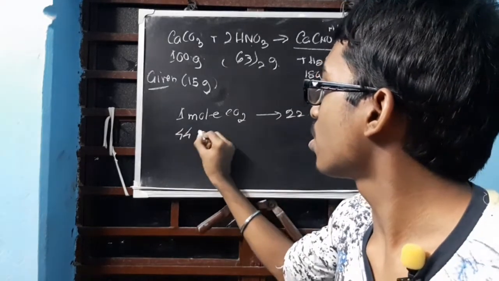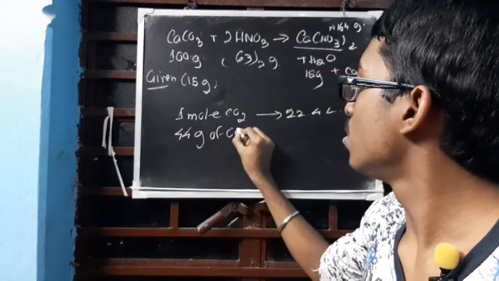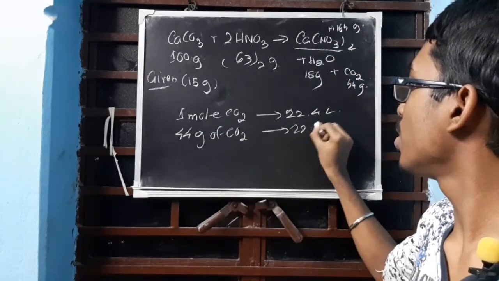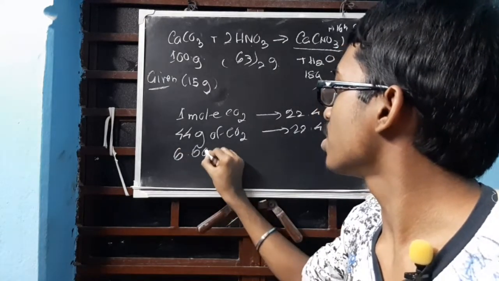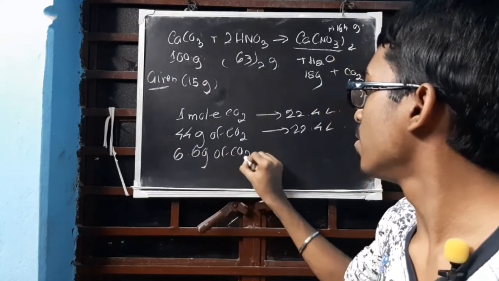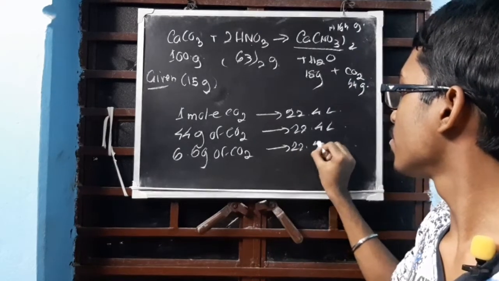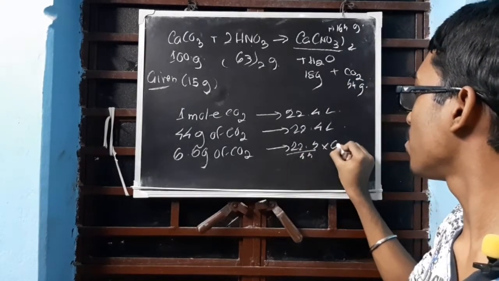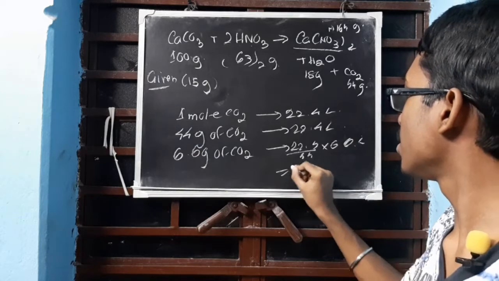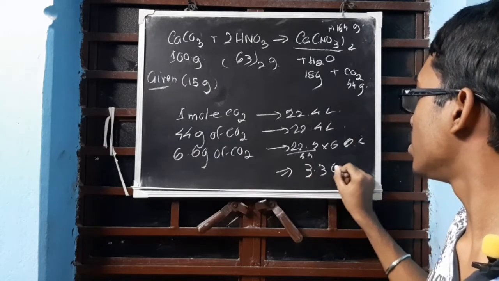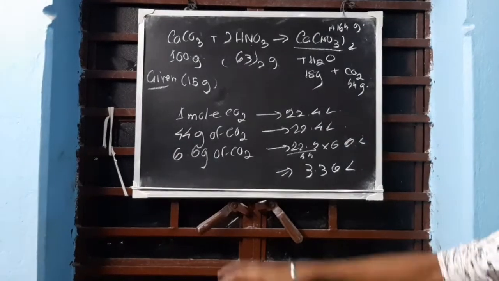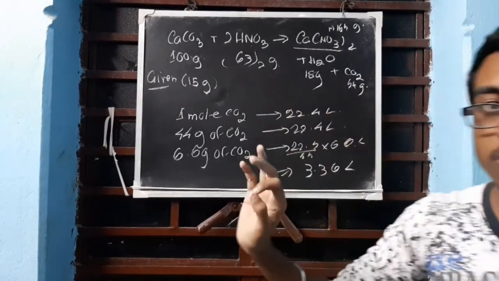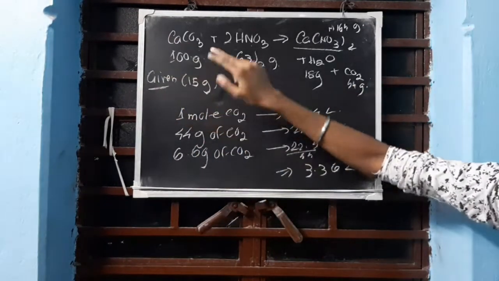That means 44 gram of CO2 occupies 22.4 liter. So how much will 6.6 gram of CO2 occupy? This divided by this multiplied by this gives you 3.36 liter. Clear? So answer is what? 3.36 liter.